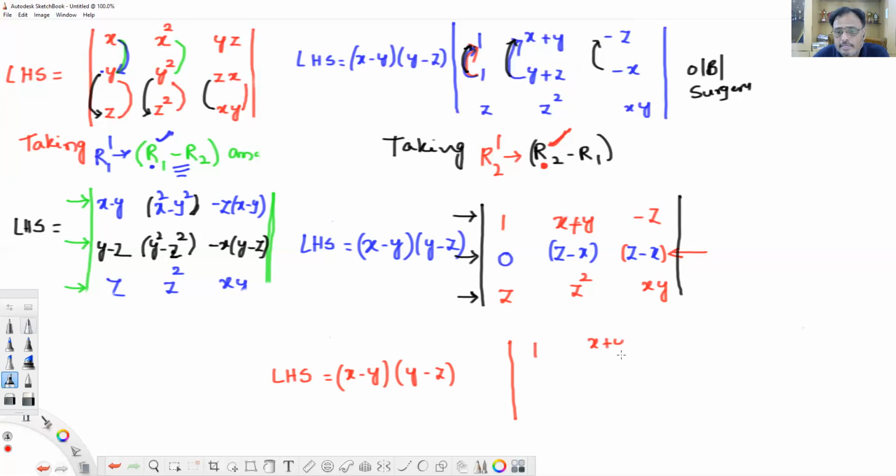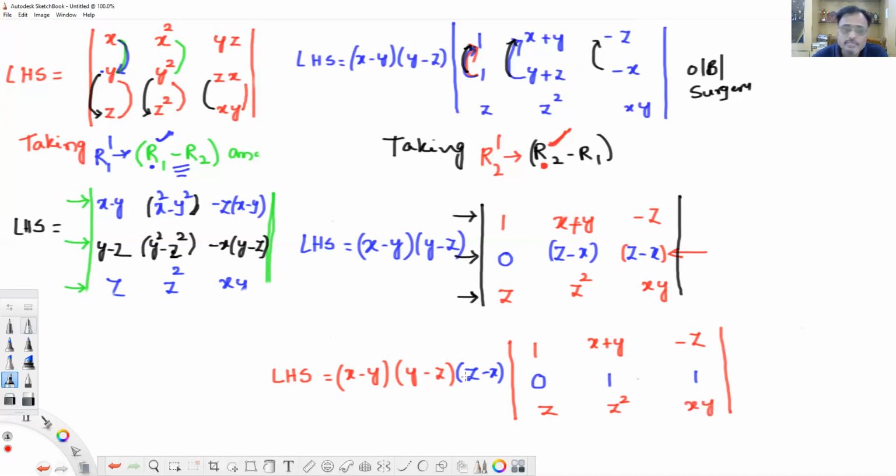I'm writing as it is: 1, x plus y, minus z. Second row common factor is z minus x: 0, 1 and 1. And third row as it is, no common factor: z square, x plus y or xy, sorry.